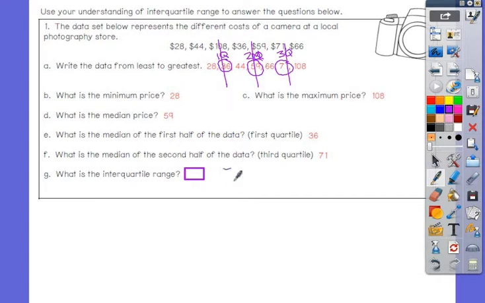My third quartile was 71. I'm going to subtract 36 from it. And I see that my interquartile range is 35.